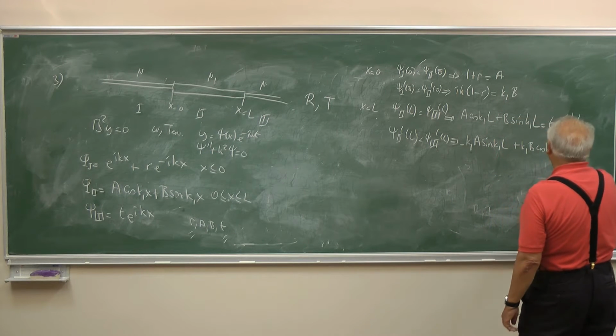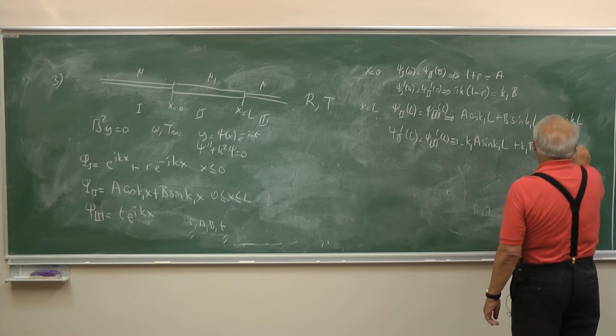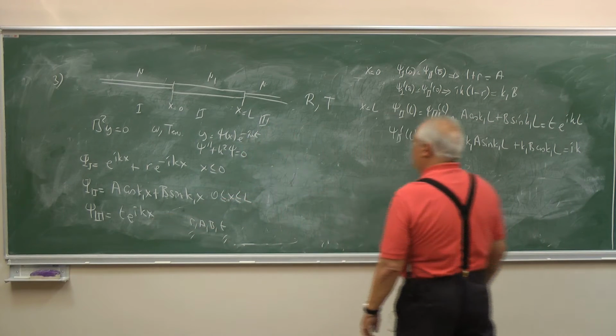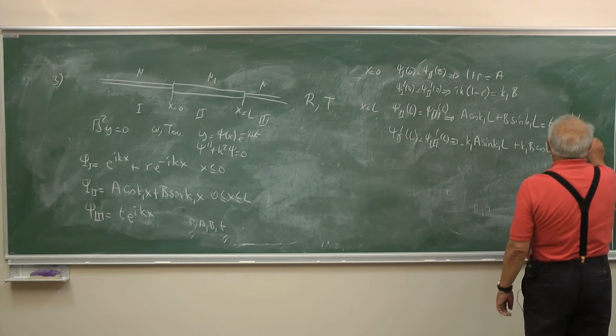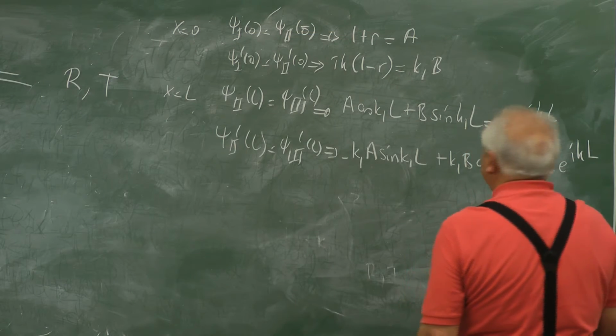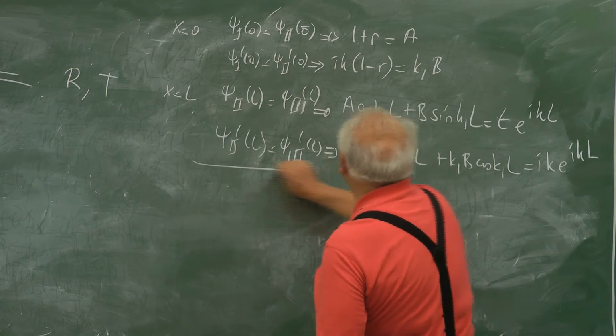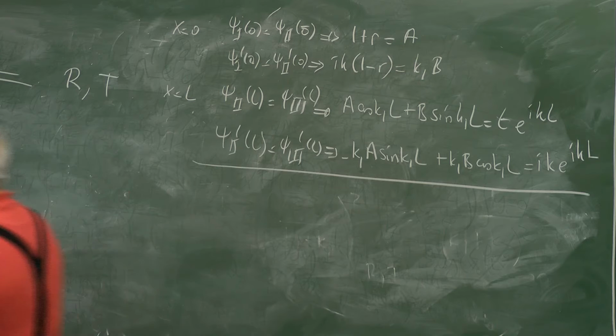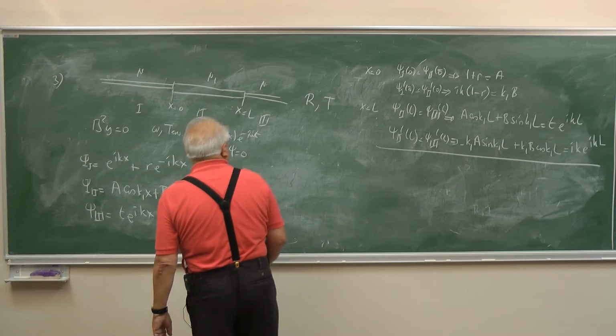That's equal to ik, I'm taking the derivative of this at x equals L, t e to the ikL. So 4 equations and 4 unknowns, and we are really interested in finding R and T.